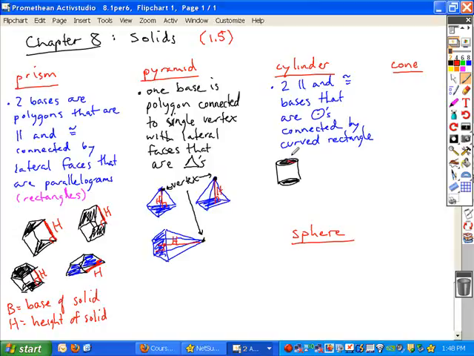The measure on the base that you have to be aware of is the radius of that circular base. If you were to cut this cylinder right down that height, the perpendicular distance between the two bases, and then unroll it, it would be a rectangle that's just curved around that circular base.